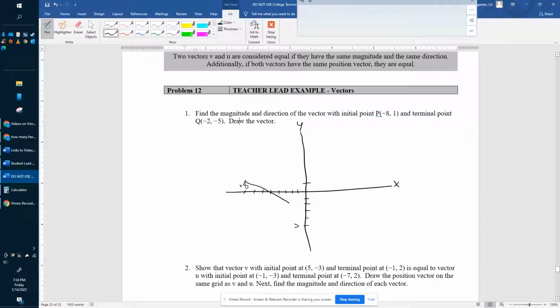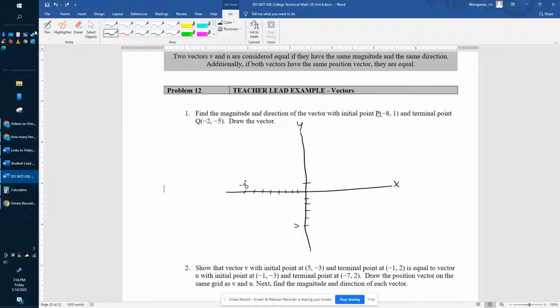I cannot, for the life of me, draw with this. I gotta use my mouse. Can't draw with my mouse either, apparently. Try this. There we go. Good enough.